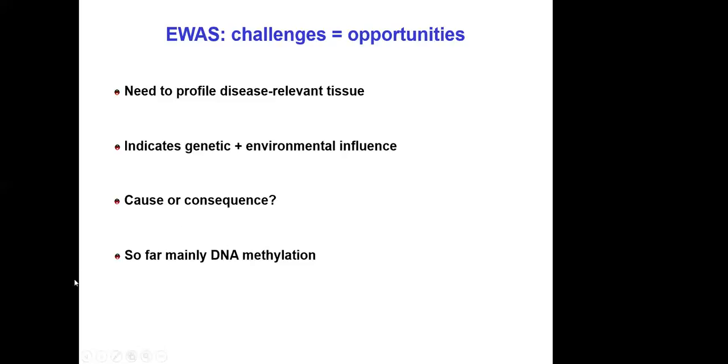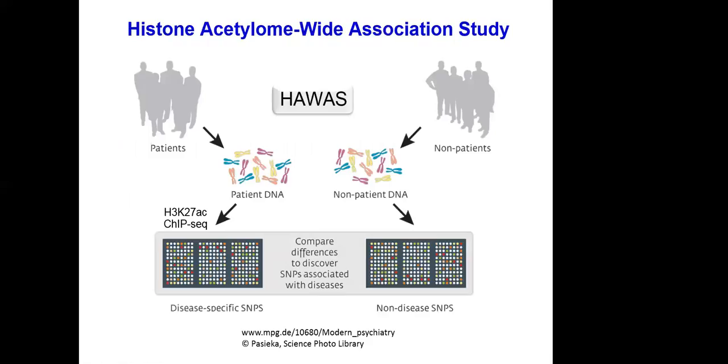And then, like I said, it's been mostly DNA methylation rather than chromatin profiling. But there's no reason why you cannot extend the EWAS methodology to chromatin profiling, more broadly histone modification and so on. So that's what we did. We said, let's extend EWAS to histone acetylation, which has not been done before as far as we know.